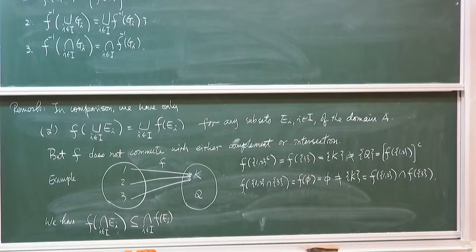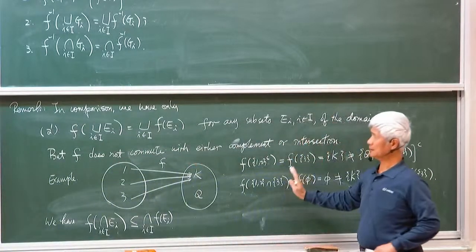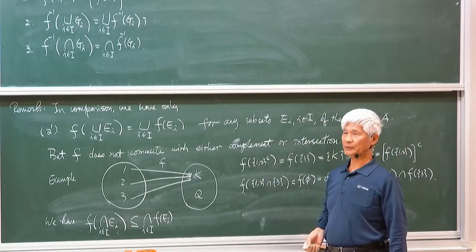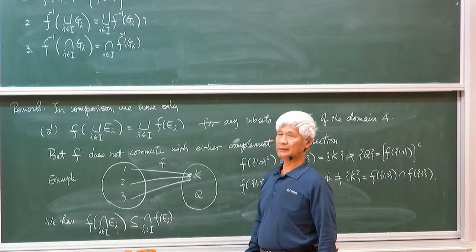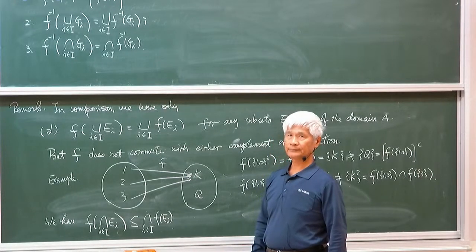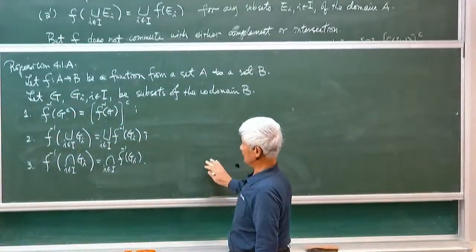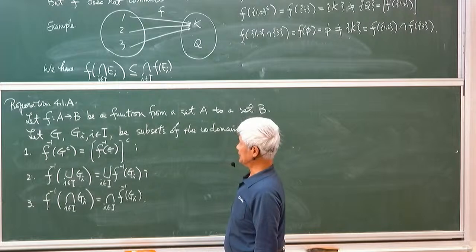Okay, so there are a lot of things. Any questions about the statements of proposition 4.1.8 and this remark? If no, then we will give a proof of these three properties.